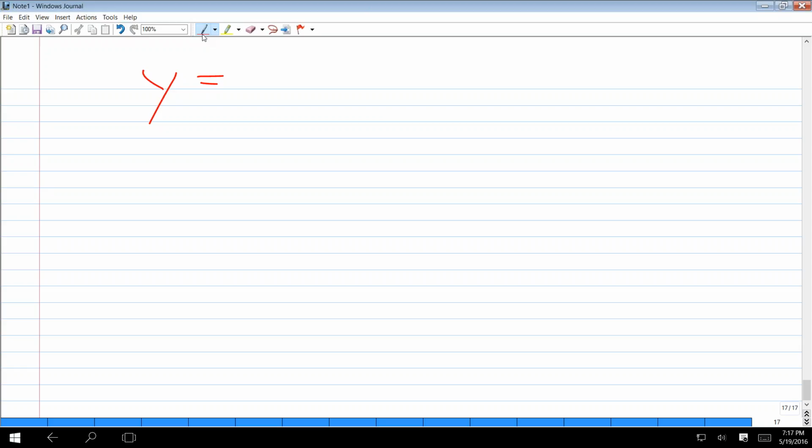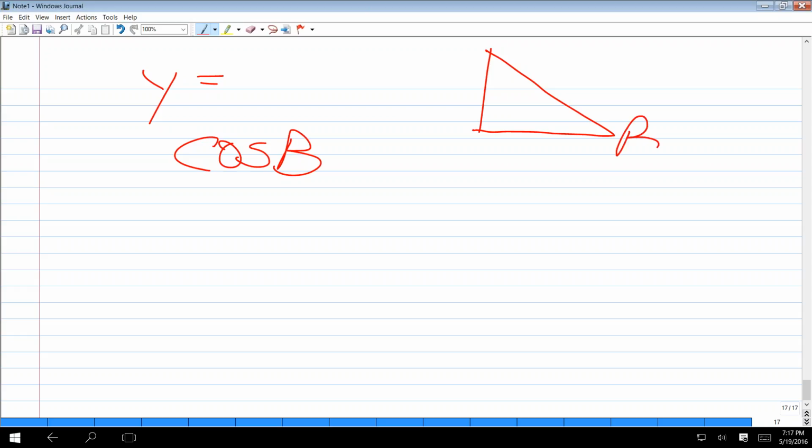Write the ratio for cosine B. Is there a picture associated with it? There is. It's a triangle. Yes. It's A at the top, angle B to the right, C on the bottom.